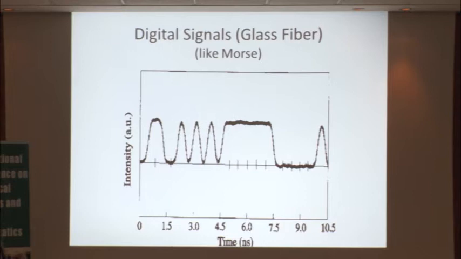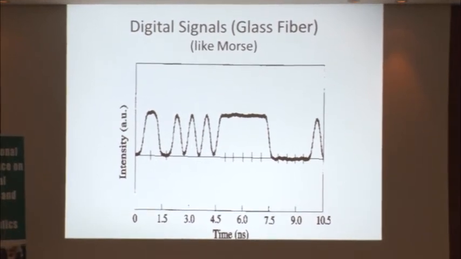And now I show you what they have done on the glass fiber with the erbium doped amplifier. And here we see a typical thing we are using every day. If you use your telephone and call Mr. Santilli in New York or in Florida, then it goes on the glass fibers through the ocean this way.